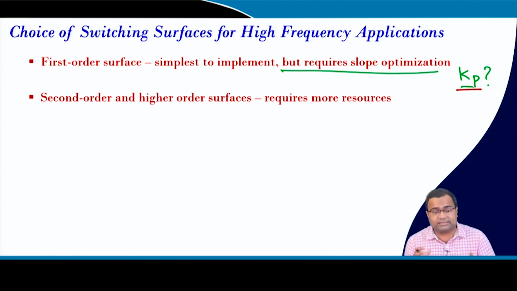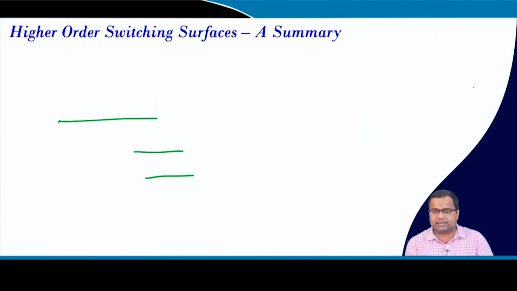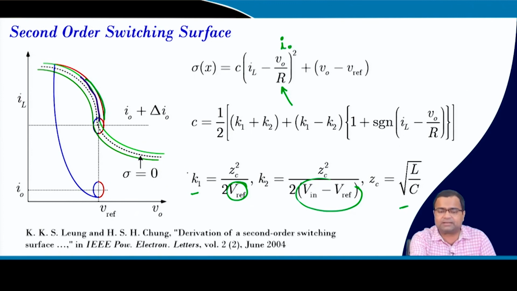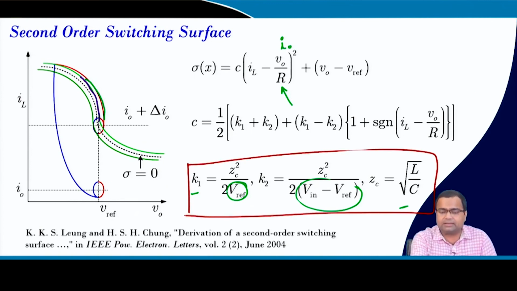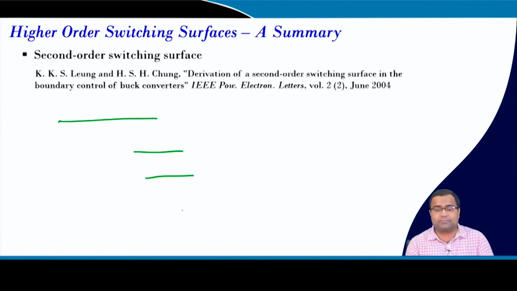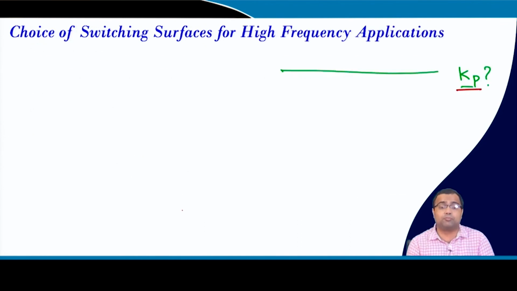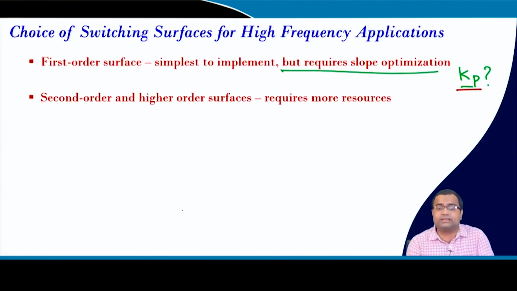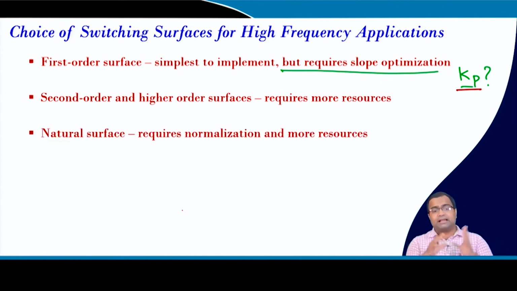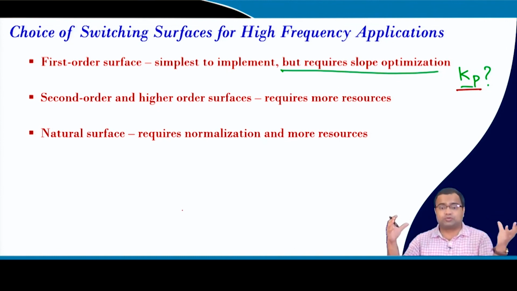The second order switching surface or the higher order requires more resources because you need to create a square block, and you need to incorporate many other parameters. This is useful, but in terms of resources it can consume more, and it also needs to sense the load current. The natural switching surface is also a very effective technique, but again it requires normalization and it may require more resources.